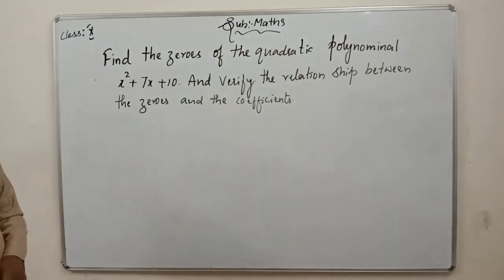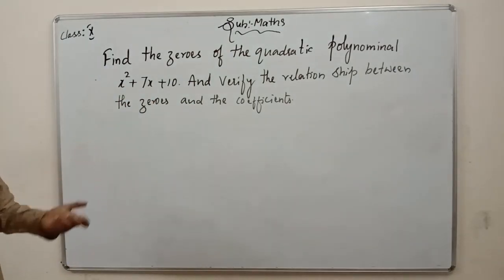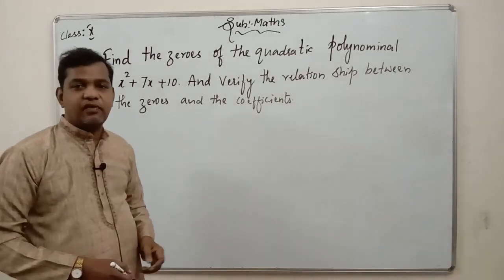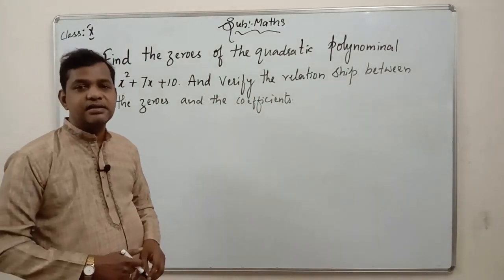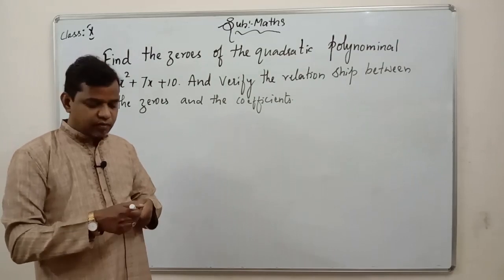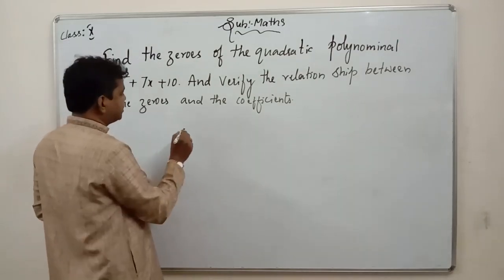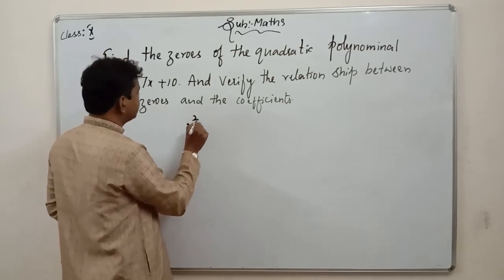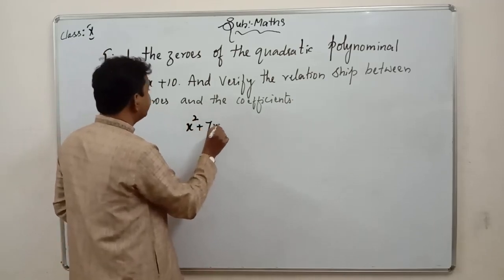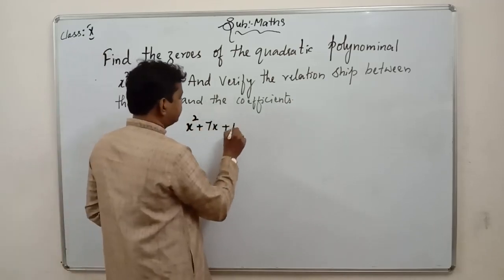Okay, let us see. To find the zeros, finding the answer means finding the roots of the quadratic polynomial. The given equation is x square plus 7x plus 10.